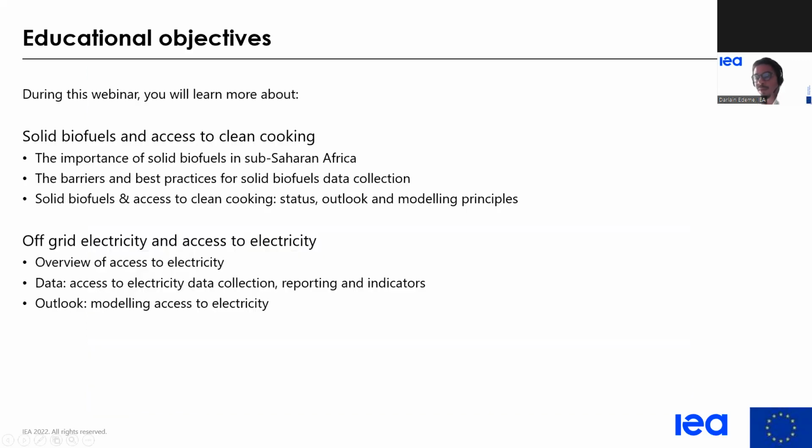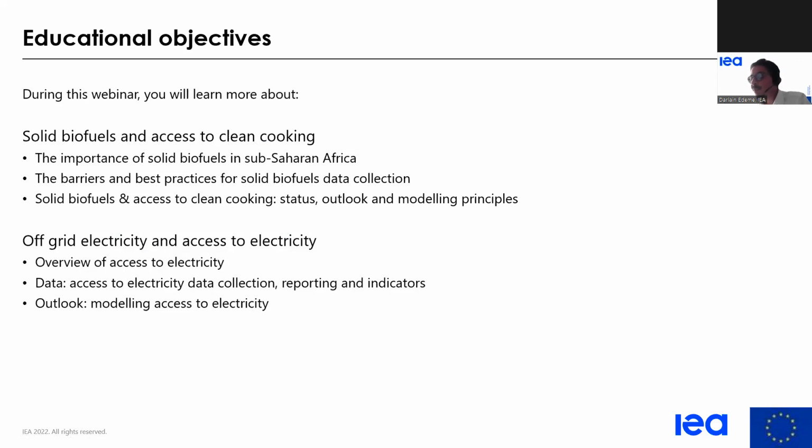Today we will focus more in detail on the following topics. First, we will enter into the case of solid biofuels. As we all know, solid biofuels are very important in Sub-Saharan Africa, but there are many barriers and difficulties when it comes to collecting data and treating statistics for solid biofuels.